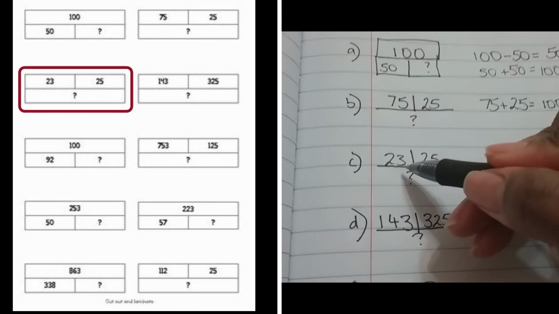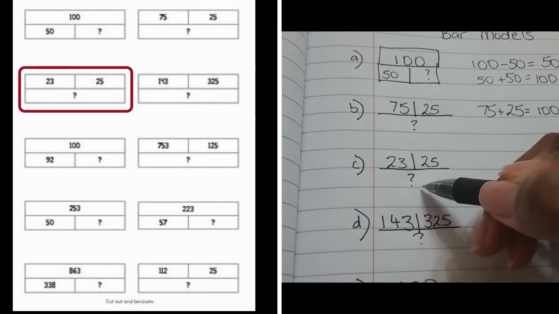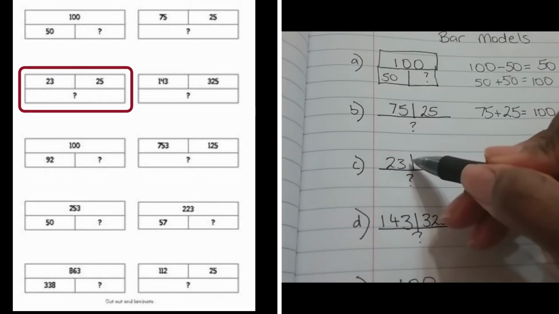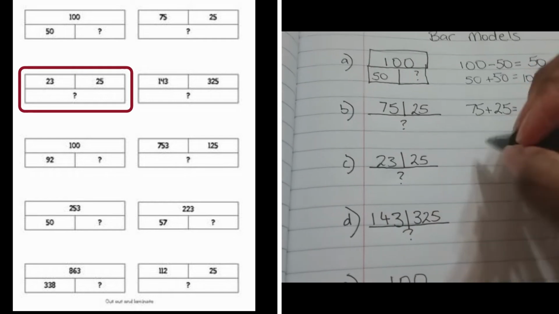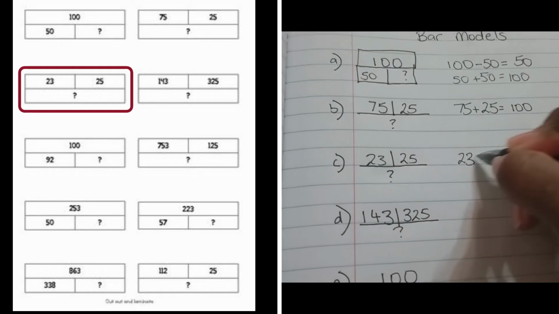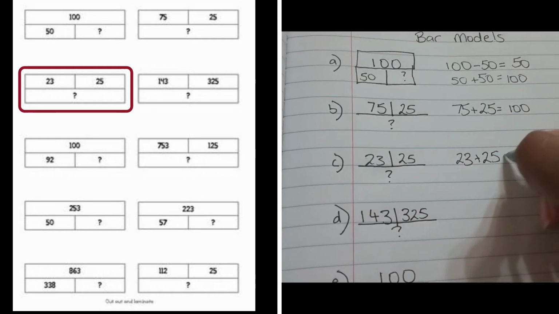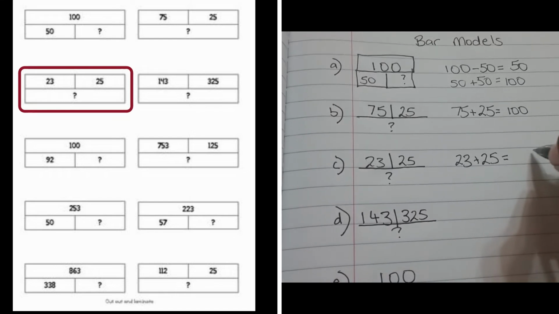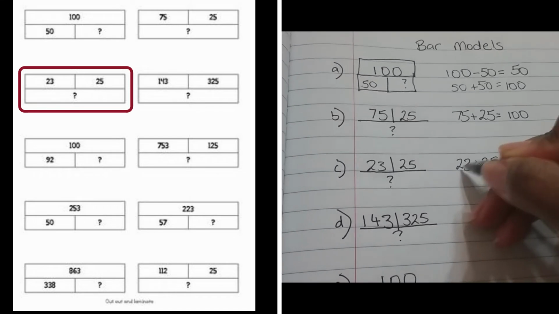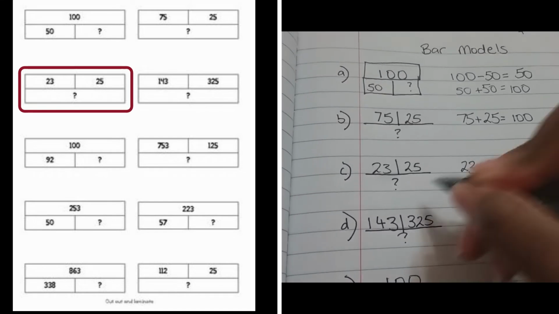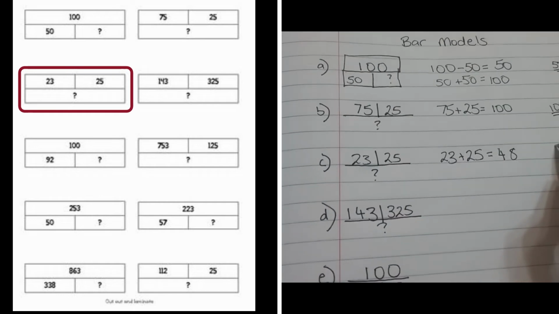Down here, it's the same thing again. We have two baby numbers and a missing mama number. So we add these two together and it will give us the same value as this bottom bar. 23 plus 25. 5 and 3 makes 8. 2 and 2 makes 4. So our missing number here is 48.